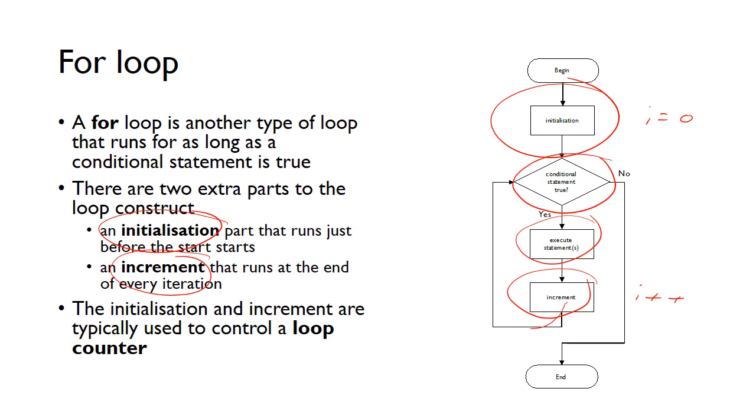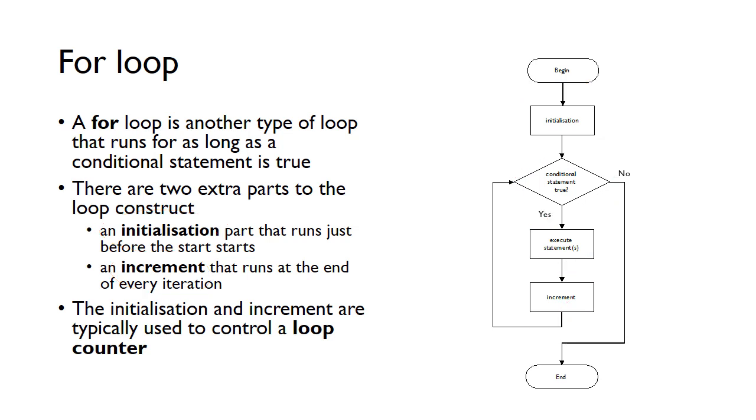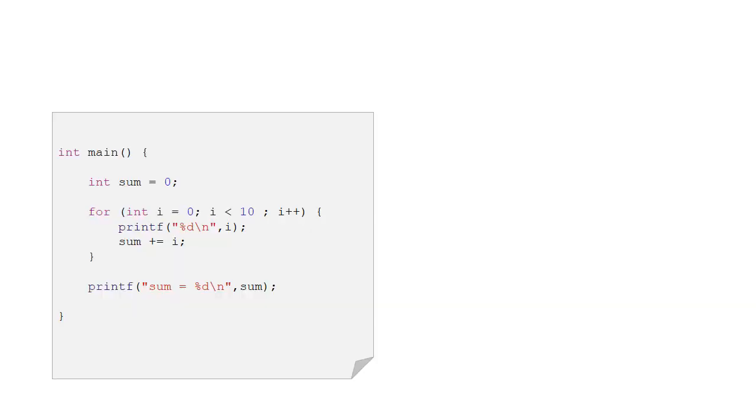Then we'll just go back. If it's still true, we'll keep in that loop again, and as soon as it's false, we'll drop out of the loop. So similar behavior to a while and a do while loop, but now we've got this initialization and increment as part of the construct.